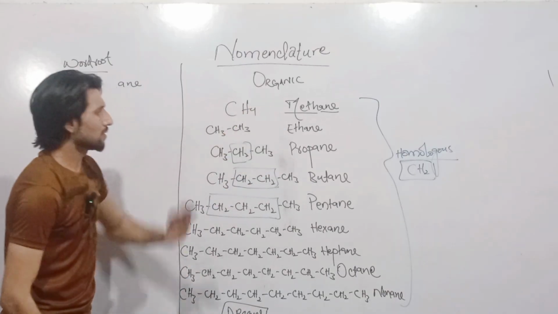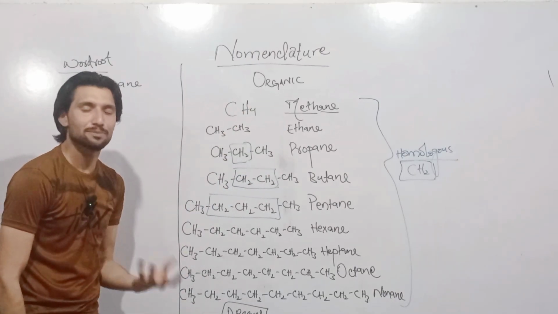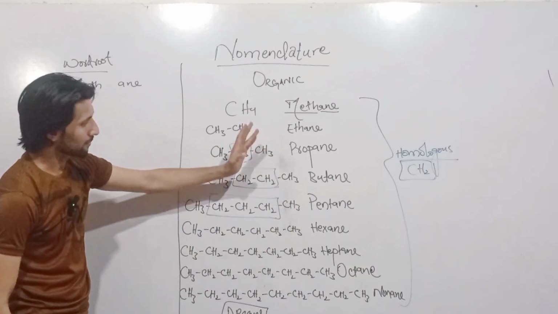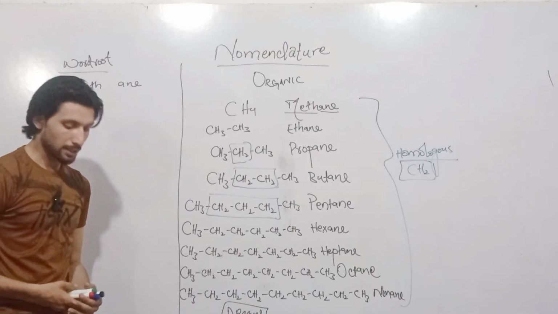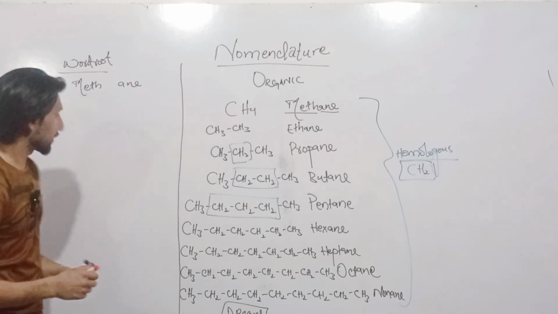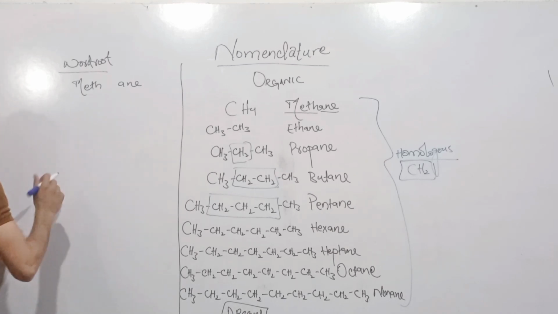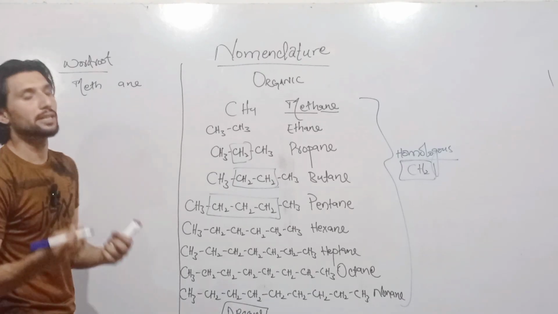The names of the first few members have some origin, and then the later ones, from pentane, hexane, heptane to decane, are numbers in Latin and Greek. So here the word root represents the number of carbon atoms.